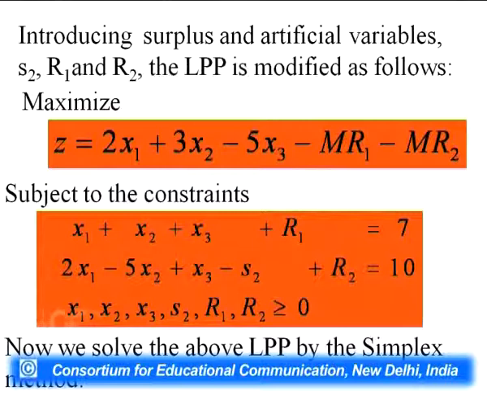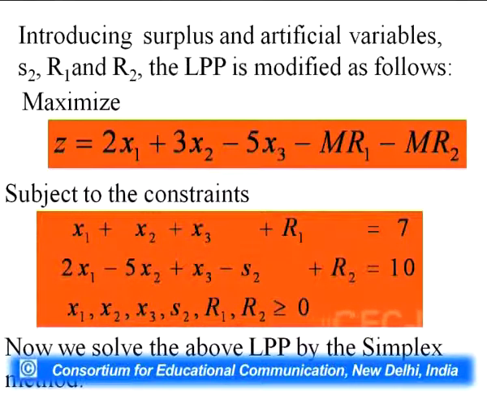Just concentrate on this equation. R1 and R2 are artificial variables and M is a very big number. Now, subject to the constraints, x1 plus x2 plus x3 plus R1 equal to 7. There is no surplus variable added in this equation because the sign was only equal to, it was not an inequality sign.